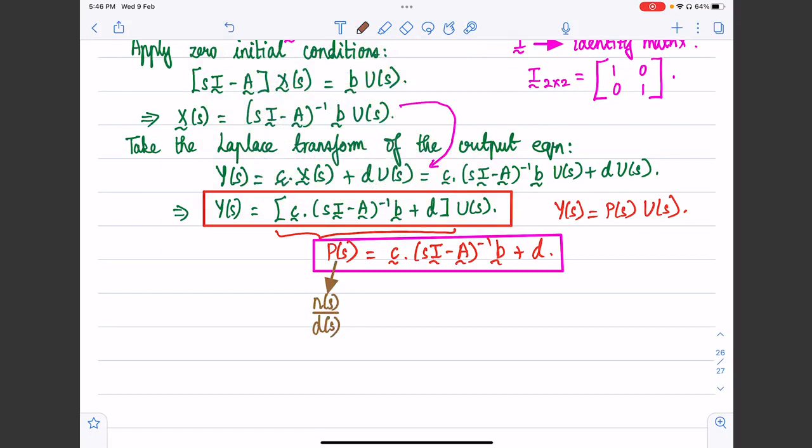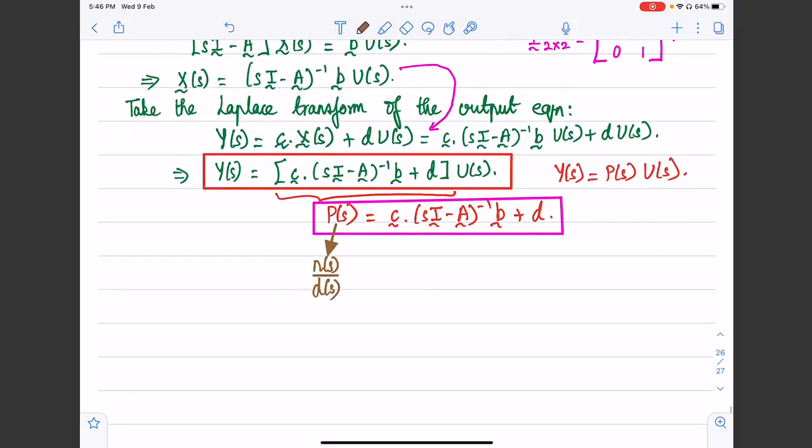And if you look at the right hand side, if I want to calculate the inverse of a matrix, how do I do it? I form what is called the adjoint, classical adjoint or adjugate of that matrix and divide by the determinant of the matrix, right? That's how I calculate the inverse of any matrix.